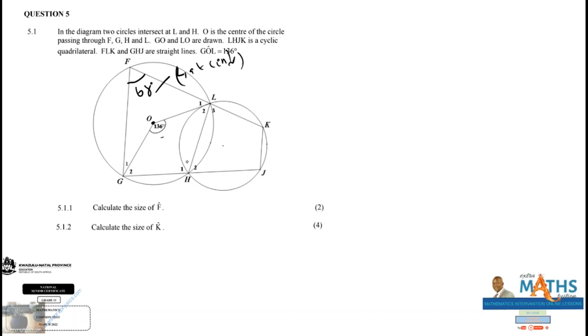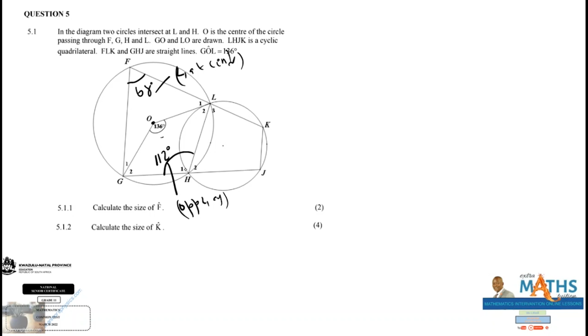Wow. Just now we were dealing with a cyclic quad and I can see 4 lines on the cyclic quad. It means angle F plus angle H1 also has to give me 180 degrees because this is a cyclic quad. And then if I add these two angles, it will be 112. To use this, I will say it's opposite angles of a cyclic quad.